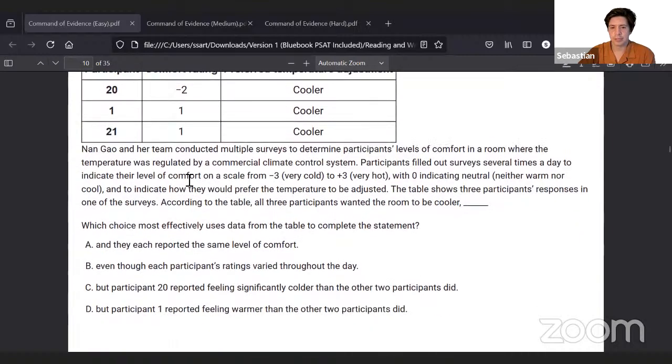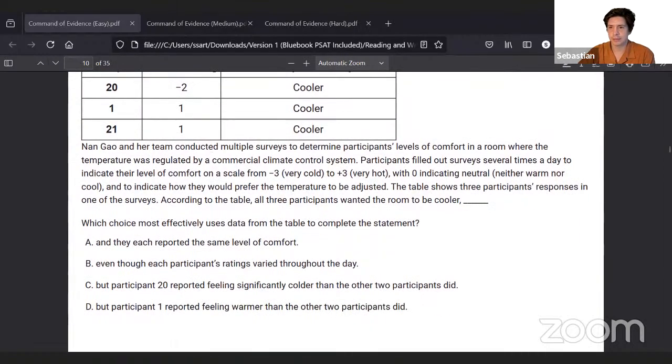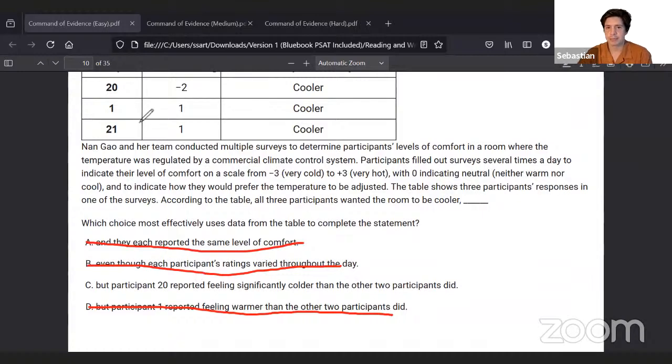So 1 and 21 are the same, so it's not that one. There's nothing about varying throughout the day, so it's not B. They didn't report the same level of comfort because one is -2 and the other ones are 1. So it is C: participant 20 reported feeling significantly colder, right? -2 instead of 1. So it is C.